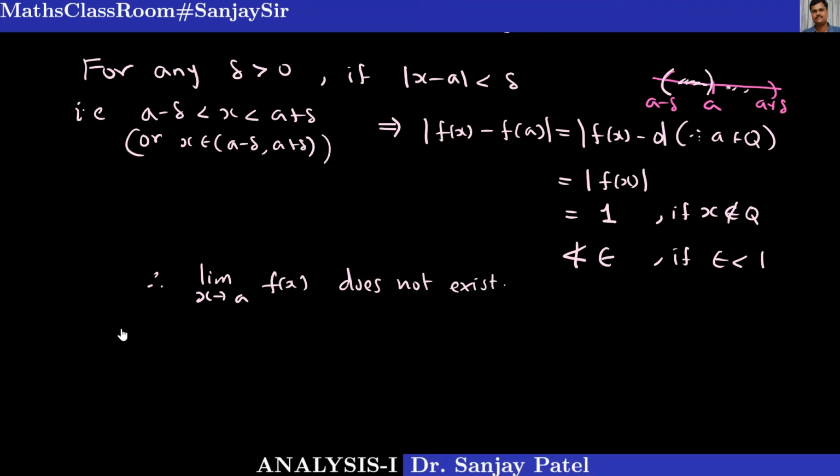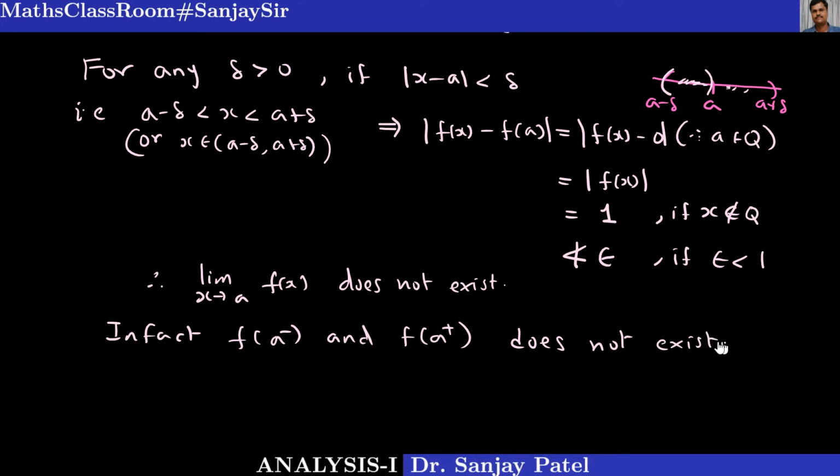So in particular, it follows that f(a minus) and f(a plus), both the left limit and the right limit, do not exist. So what does it mean?